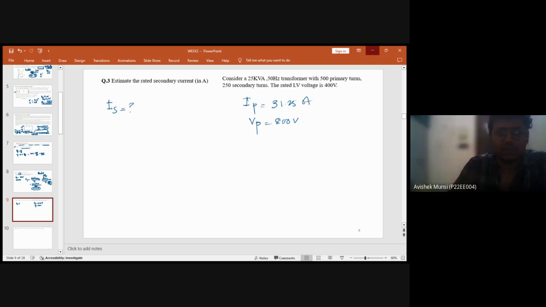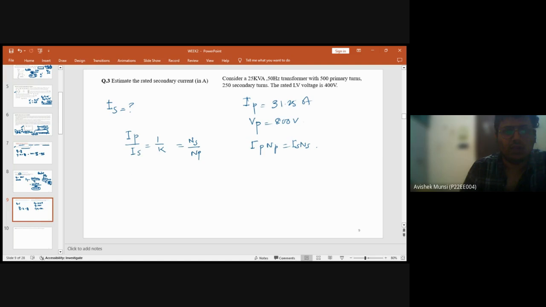See, here you have to calculate the IS. In the last lecture I also mentioned that IP by IS is 1 by K, basically that is NS by NP. That is why we always maintain IP NP equal to IS NS. Fine.